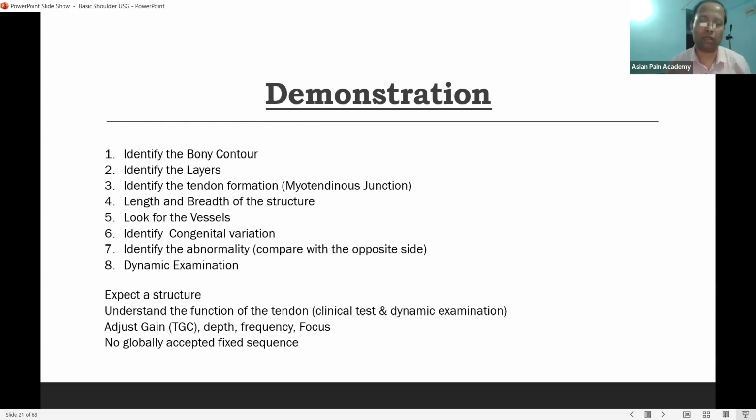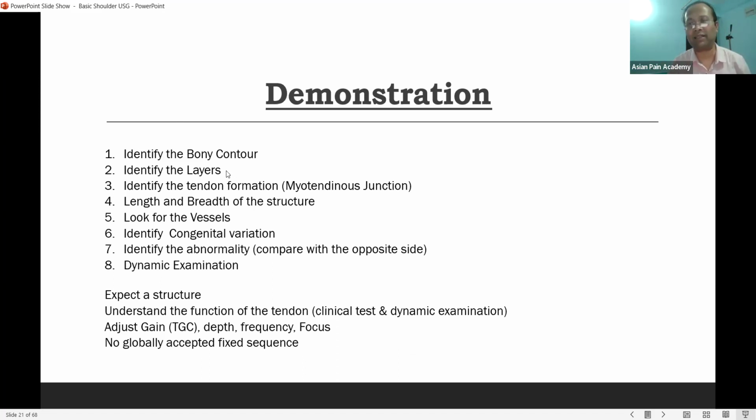Because the ultrasound beam doesn't pass through the bone, so we cannot see what is under the bone. But why is it a friend? Because small changes of bony contour tell us where our probe actually is and what we are seeing. So always try to identify the bony contour.